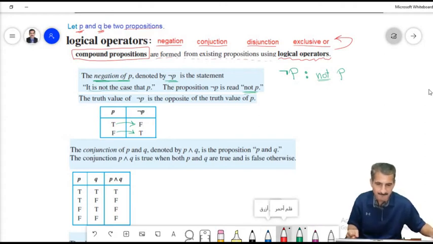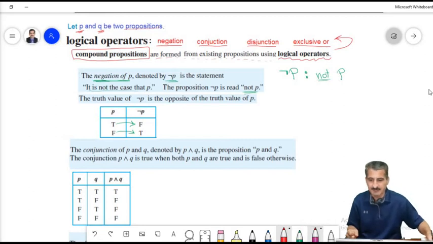Okay. Another logical operator, which is the conjunction of P and Q. We have P a proposition, Q a proposition, and we want to make the conjunction P and Q. Let me rewrite it here.